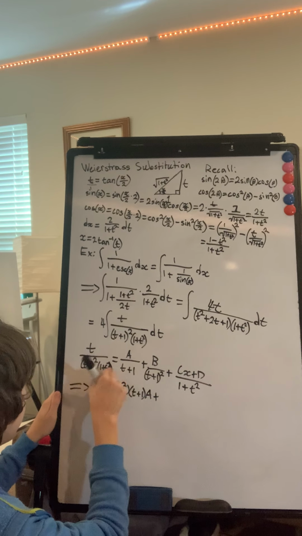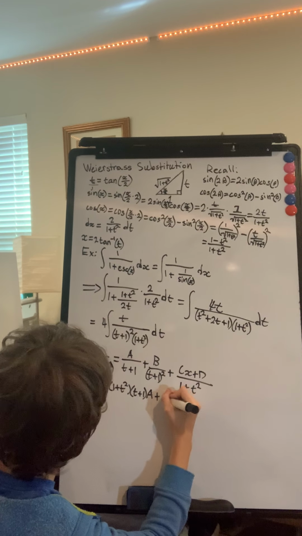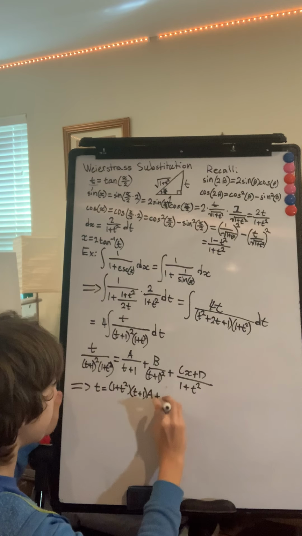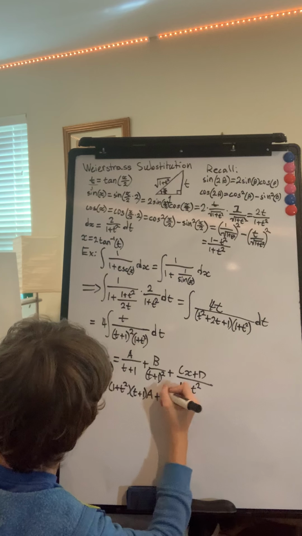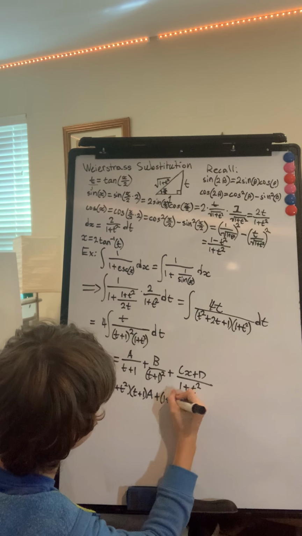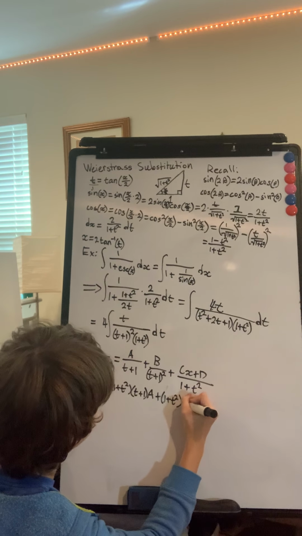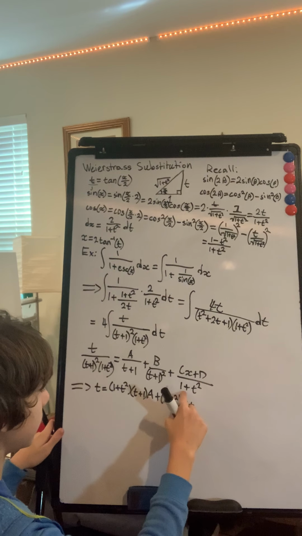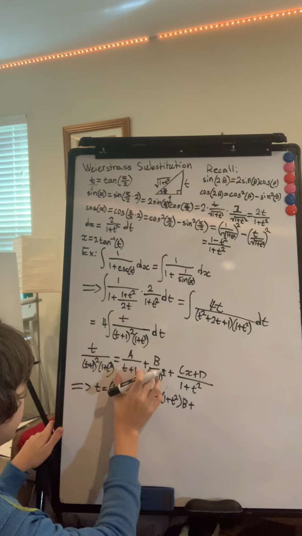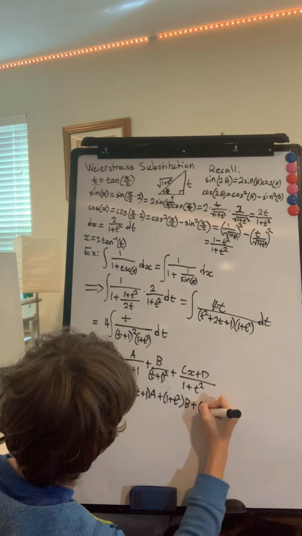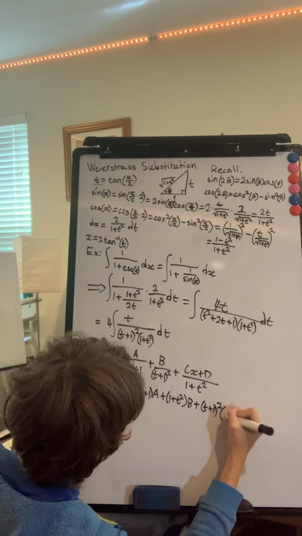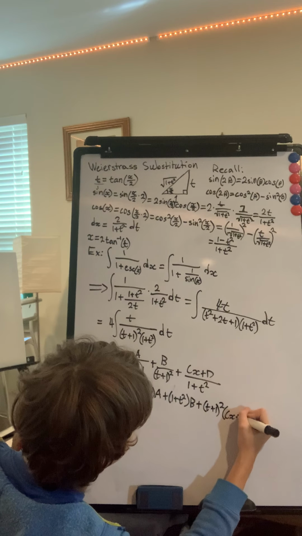Here that's going to cancel, so we just end up with a factor of t, (1 plus t squared) times b, plus (t plus 1) squared times (cx plus d).